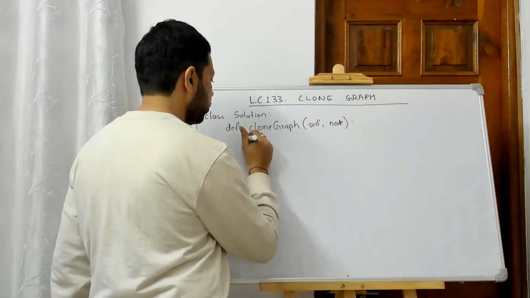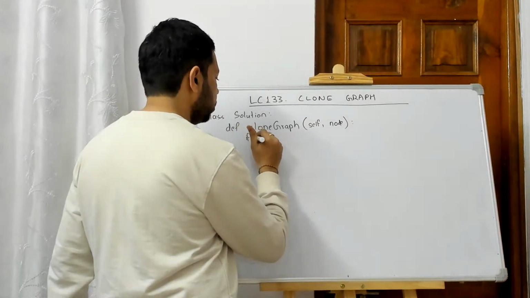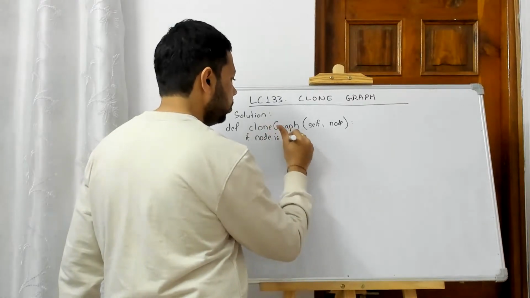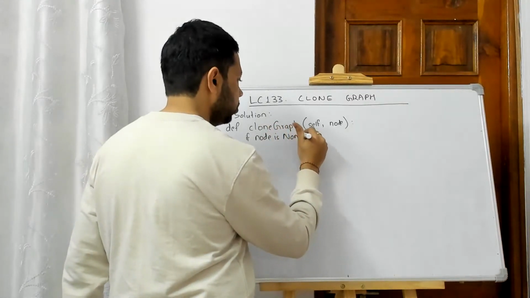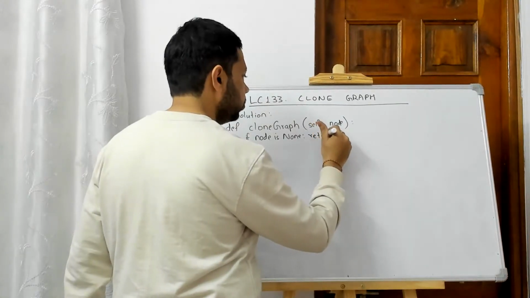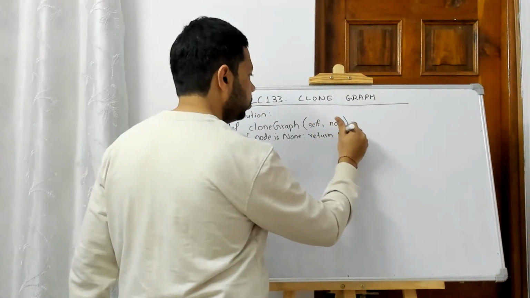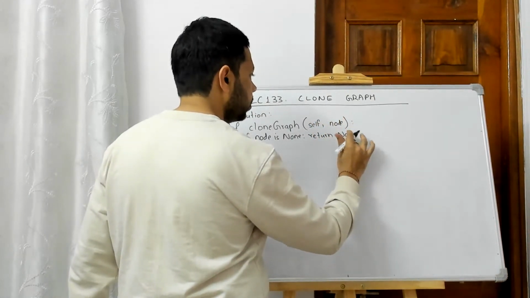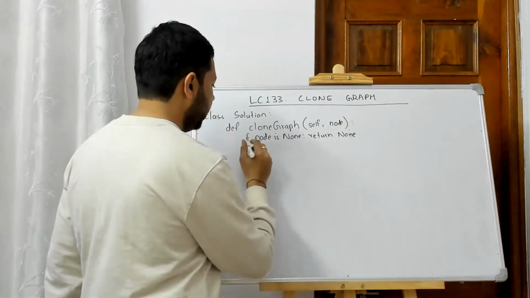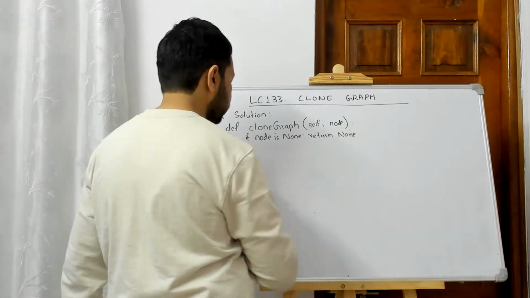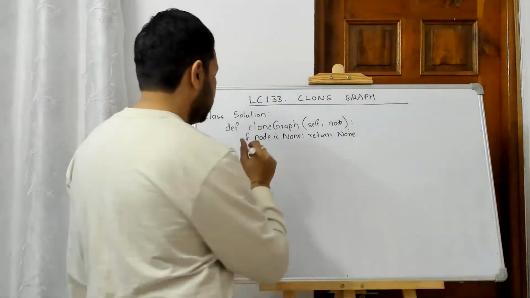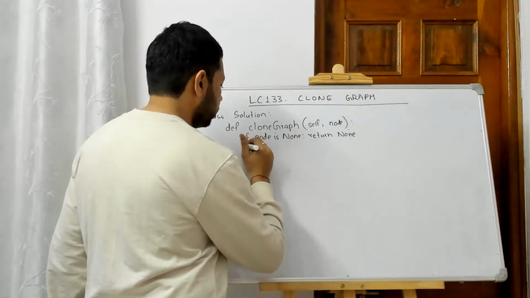First, if node is none, return none. Let me define a DFS function, and before defining a DFS function, let me define a map.